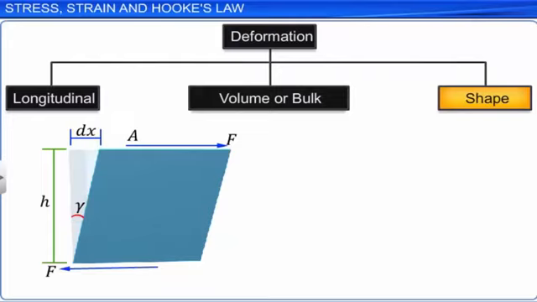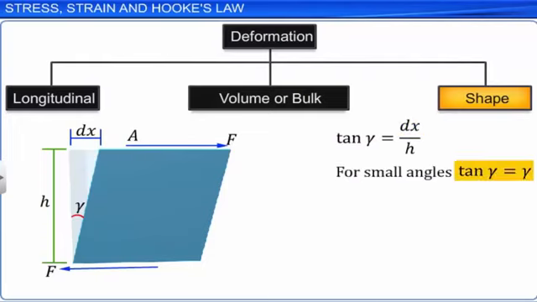Robert Hooke found that for most materials, for small values of strain, the stress is directly proportional to the strain. Thus, we have stress is equal to K into strain, where K is the constant of proportionality called elastic modulus of the material.